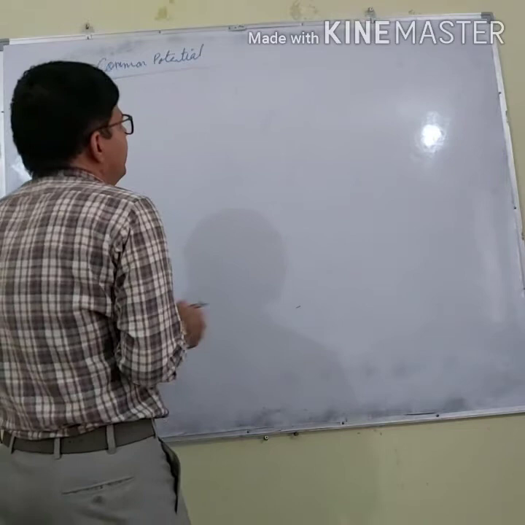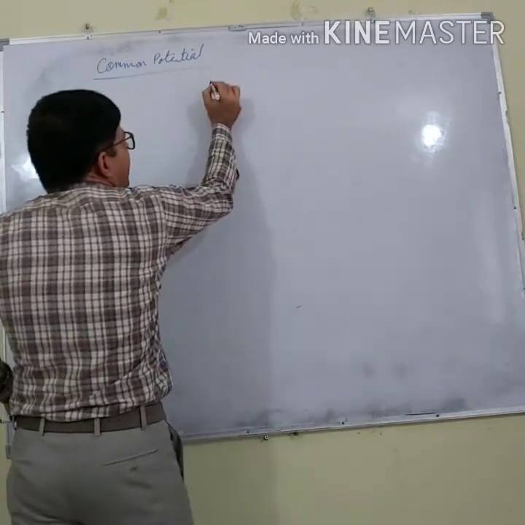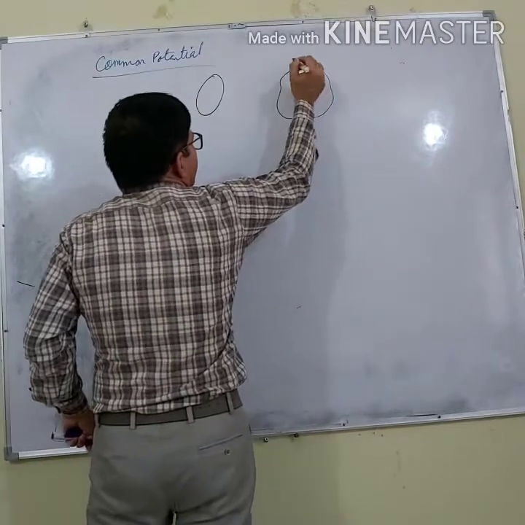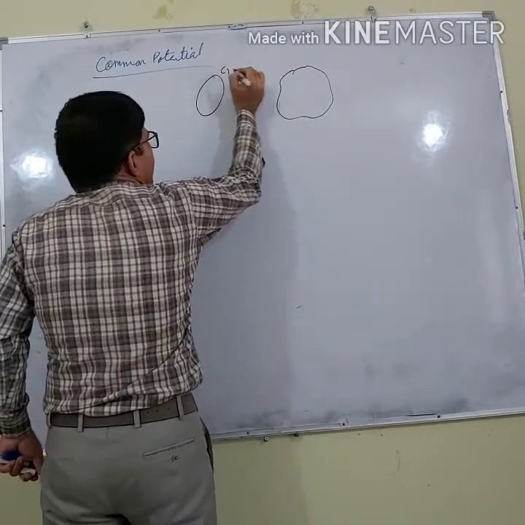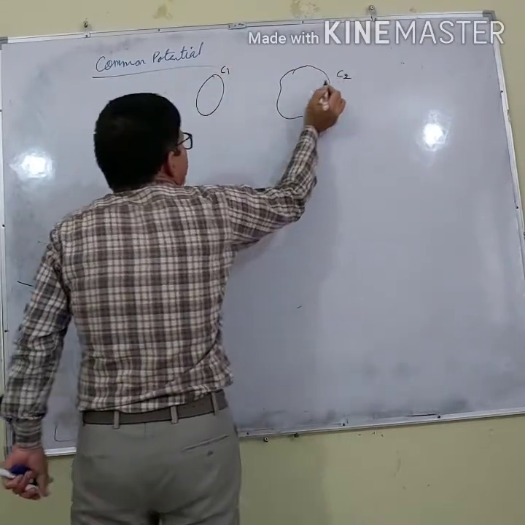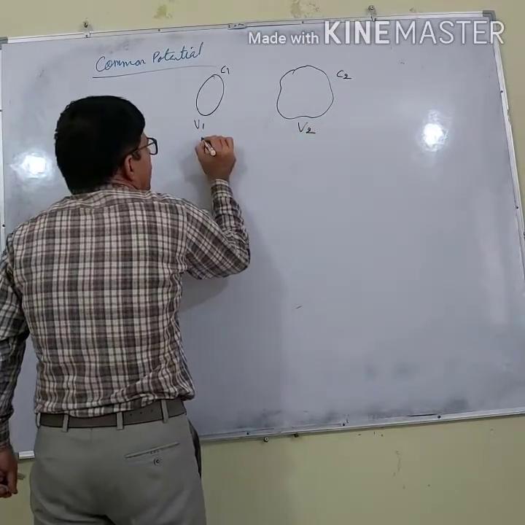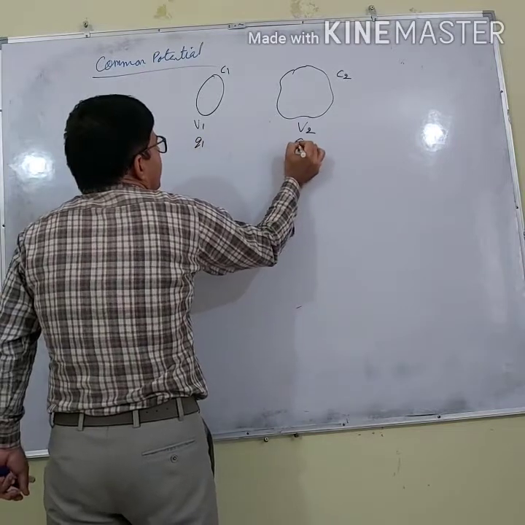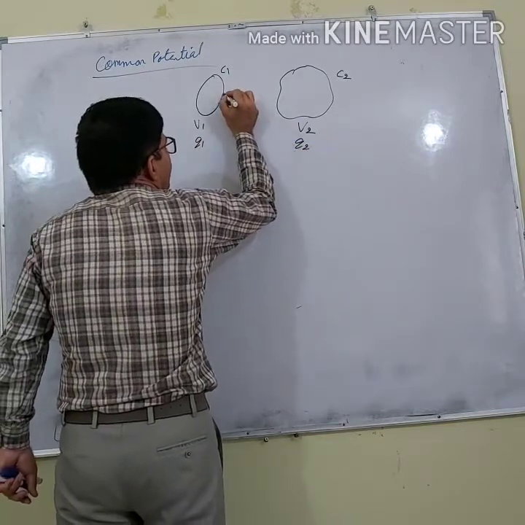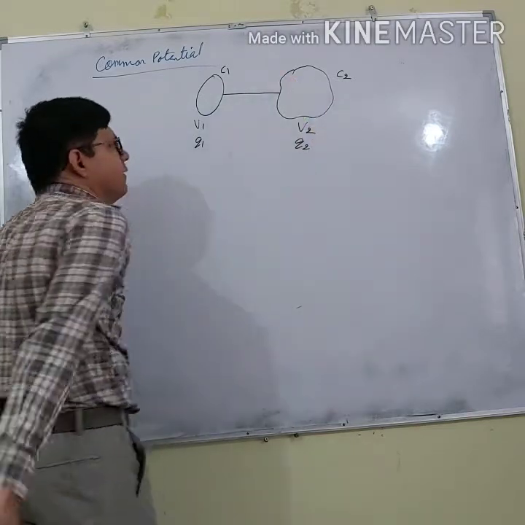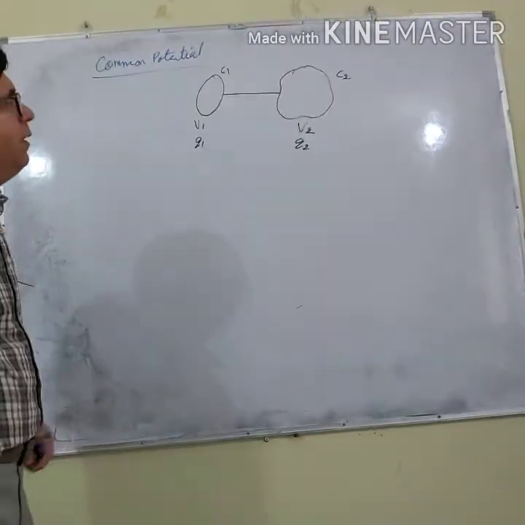Now listen students, let us say we are having two conductors. One is this conductor, another one is this conductor. Its capacity is C1, its capacity is C2, its potential is V1, its potential is V2, its charge is Q1, its charge is Q2. If I connect them via a conducting wire, what will happen?